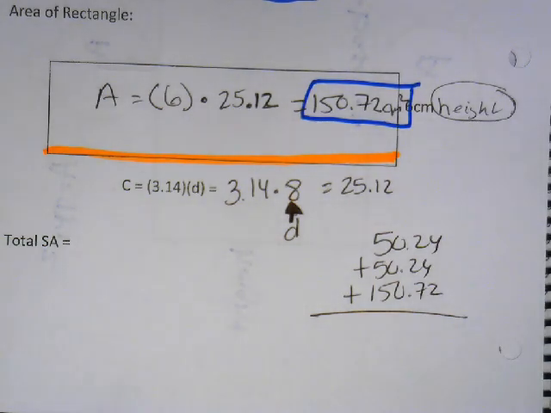What is it? 251.20. Yeah, centimeters squared. Woohoo! All right, the next one.